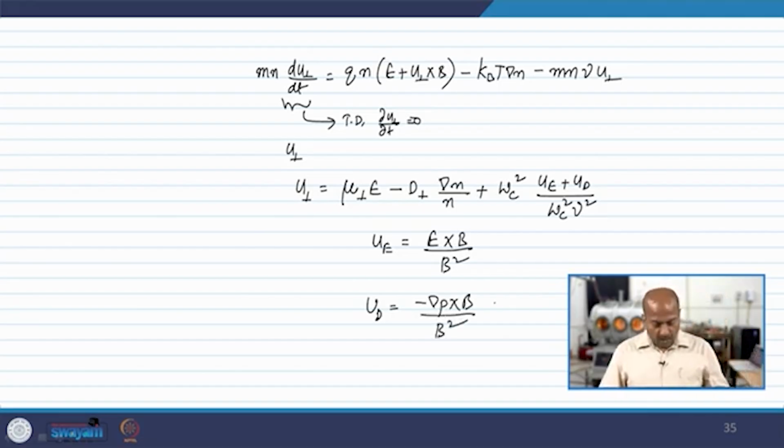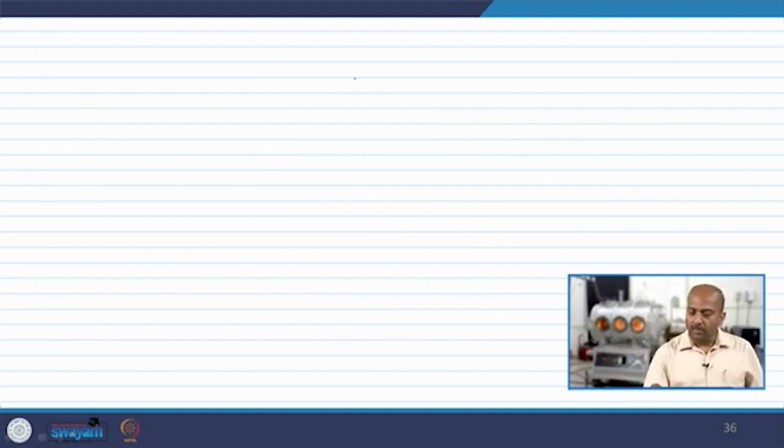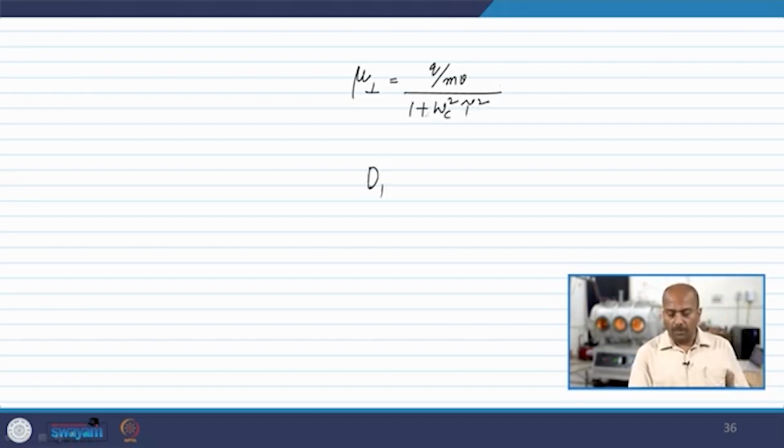So, with the help of this, by just doing some simple algebra, we can define the perpendicular mobility mu perpendicular as q by m nu divided by 1 plus omega c square tau square, and the perpendicular diffusion coefficient as kBT by m nu divided by 1 plus omega c square tau square.